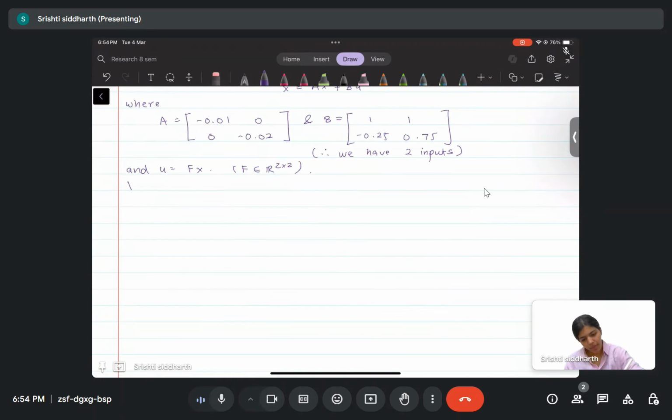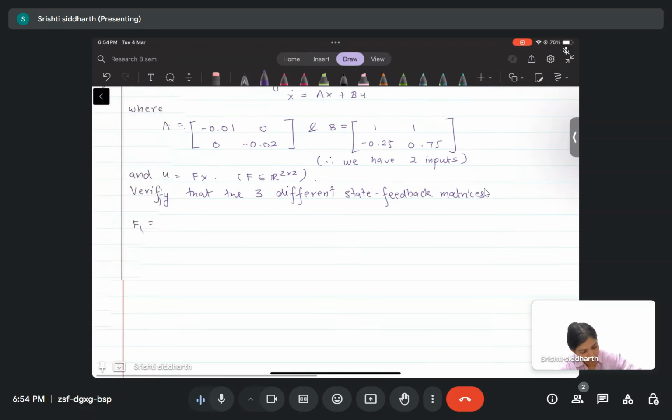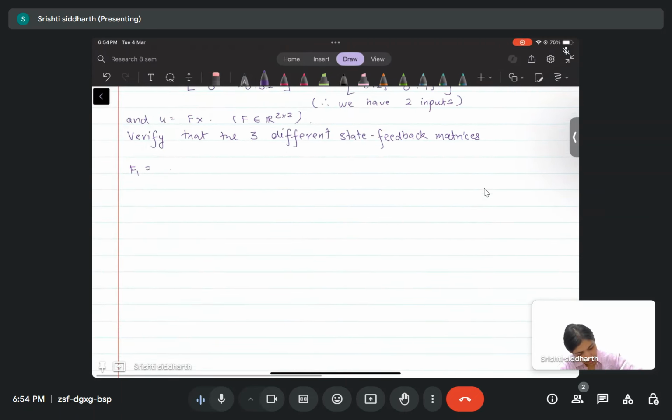Now we have to verify that the three different state feedback matrices. So this is F1 equals -1.1, 0, 0.